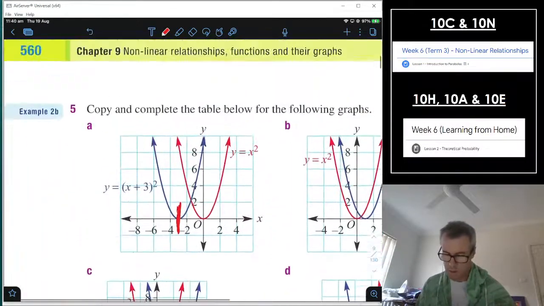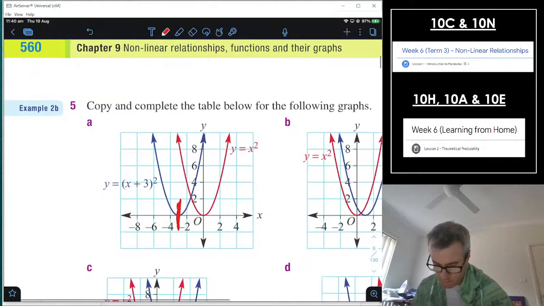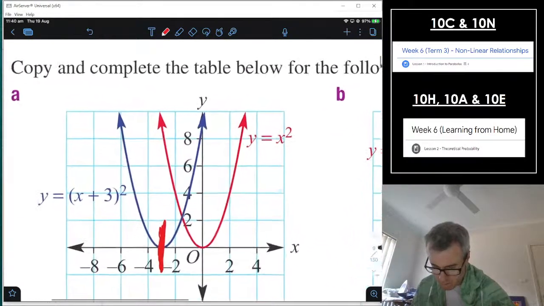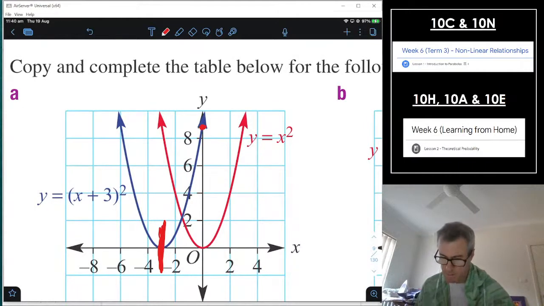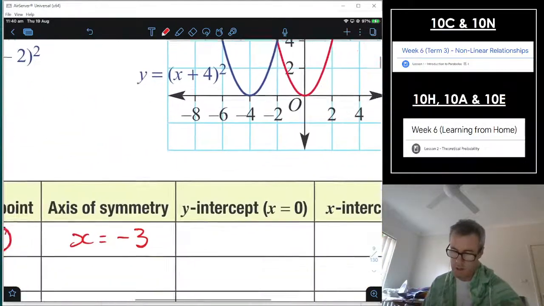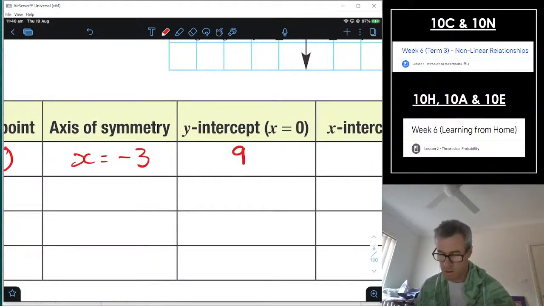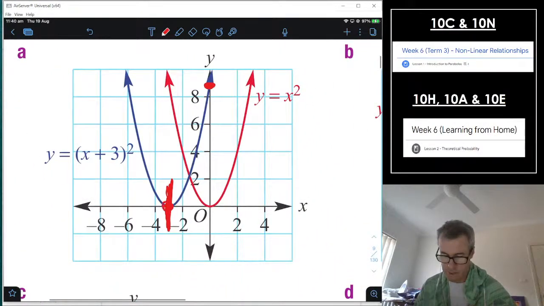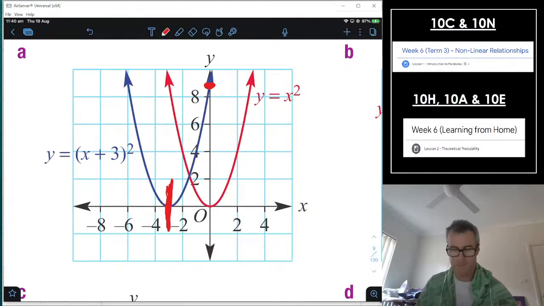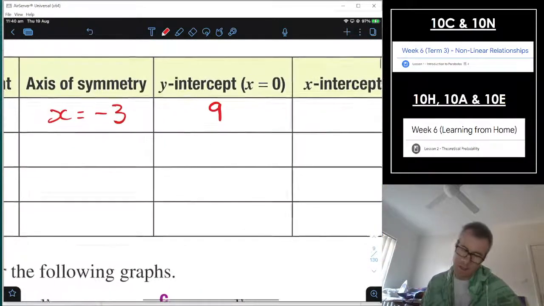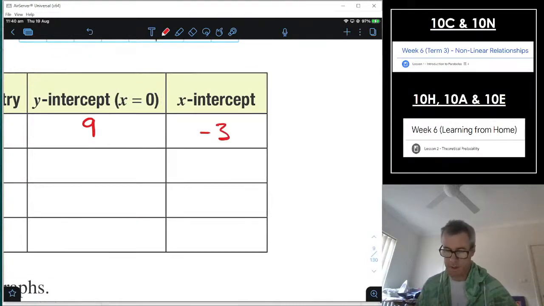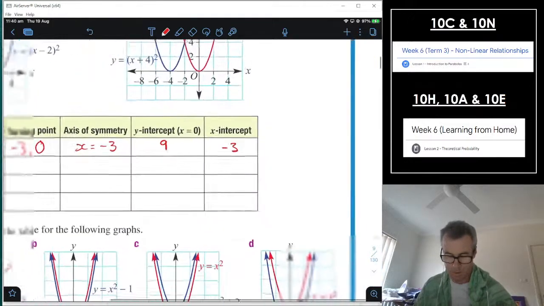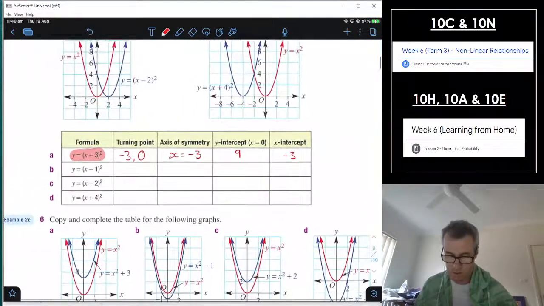Sorry, the y-intercept looks like it's up here, right on the end, because that's where the line hits. So the y-intercept when x is equal to 0 is 9. And of course the x-intercept, where our line hits, is -3. Okay, so that one's a little bit easier to deconstruct.